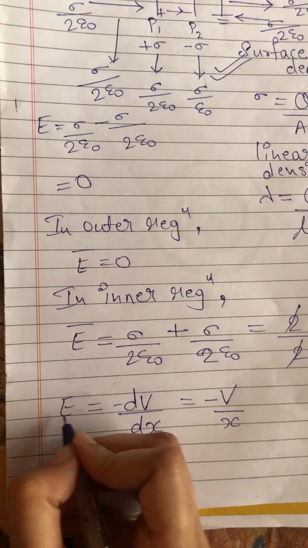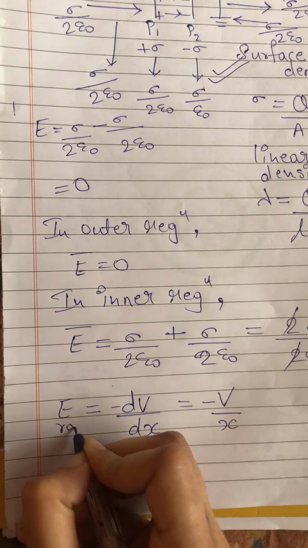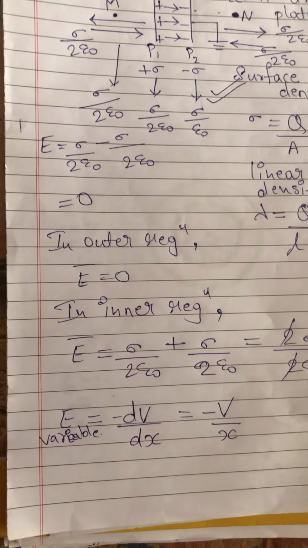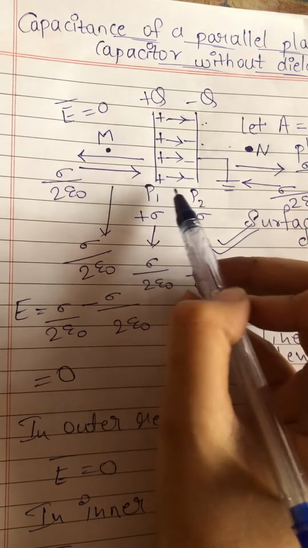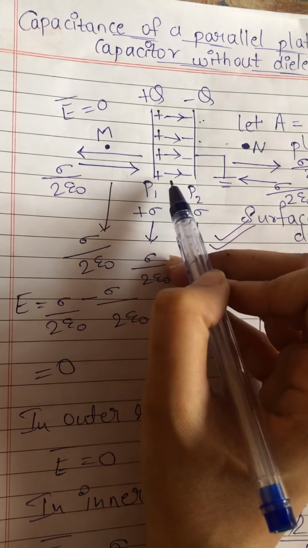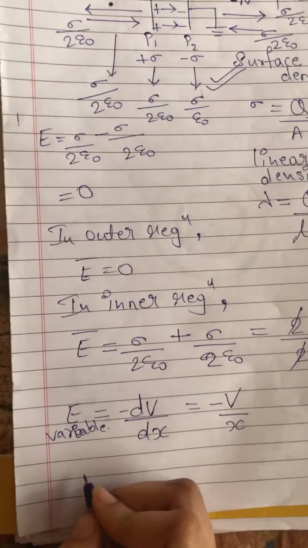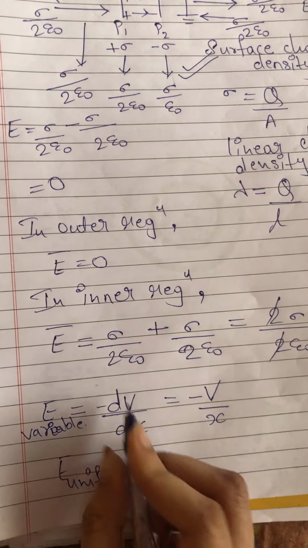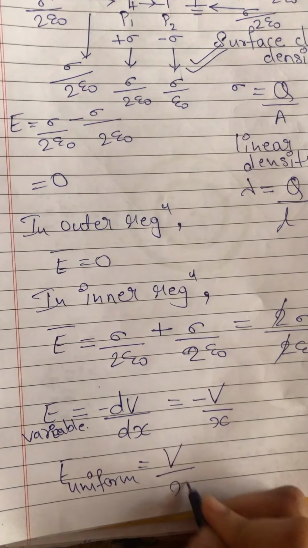Okay, now this formula is for variable electric field. Here whatever electric field is developed inside the parallel plate, that is uniform. So for uniform electric field, we won't be writing minus, we will be writing just v upon x.